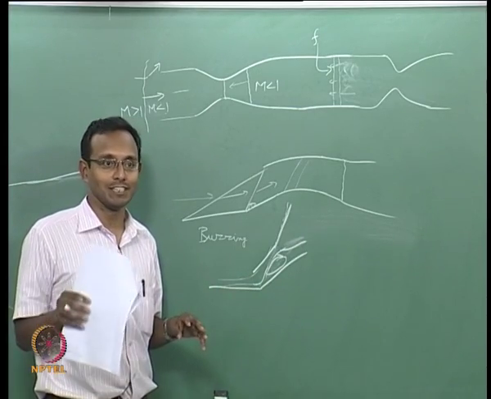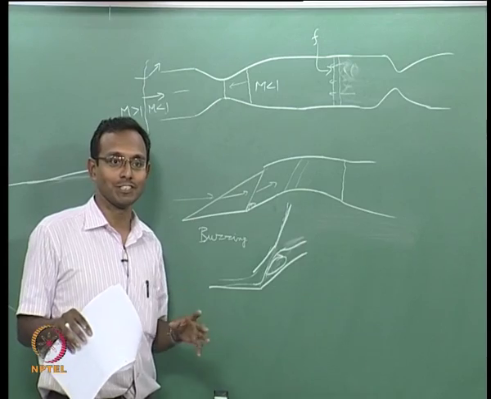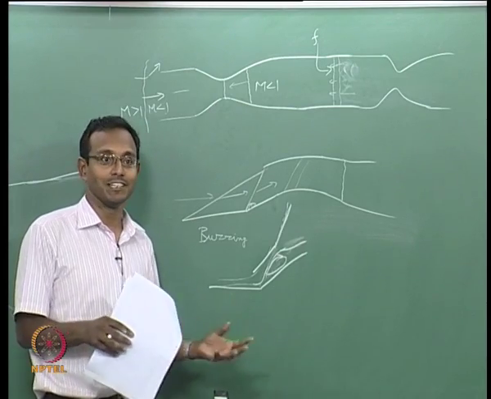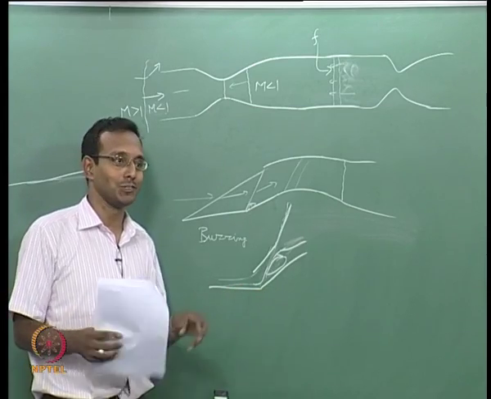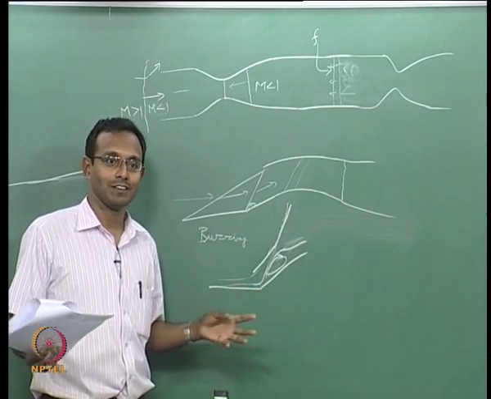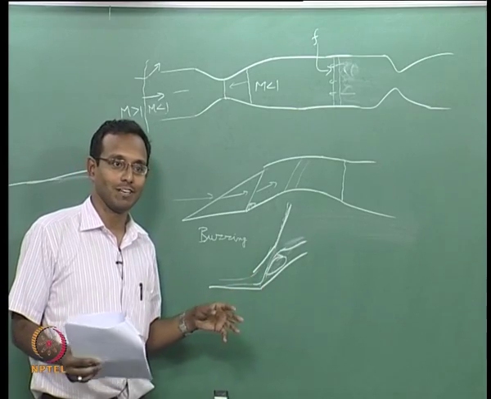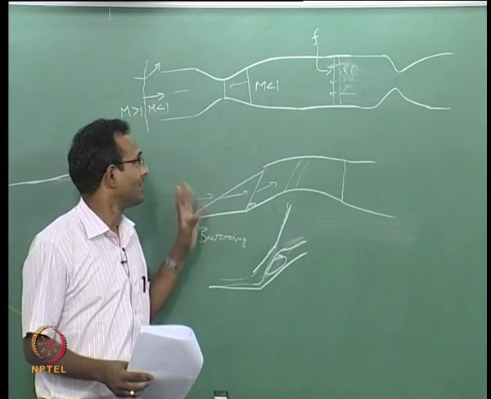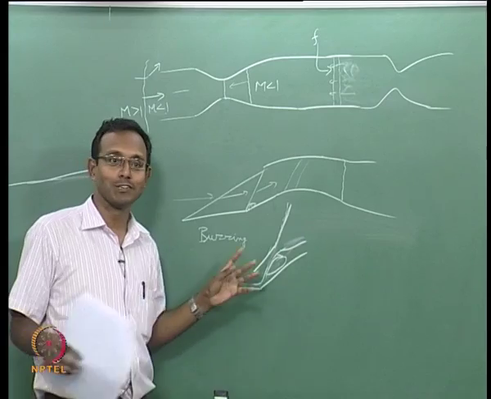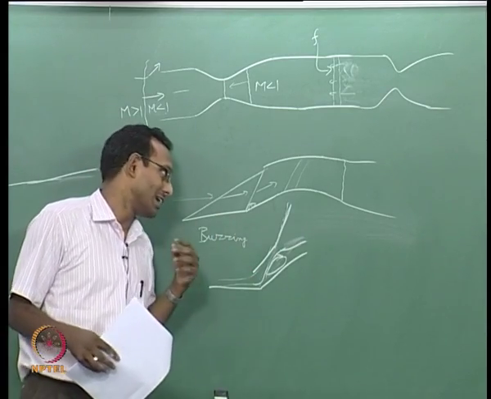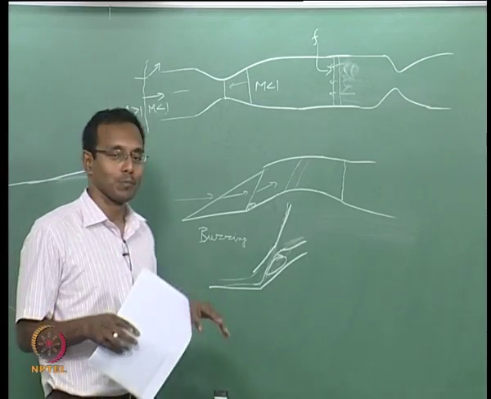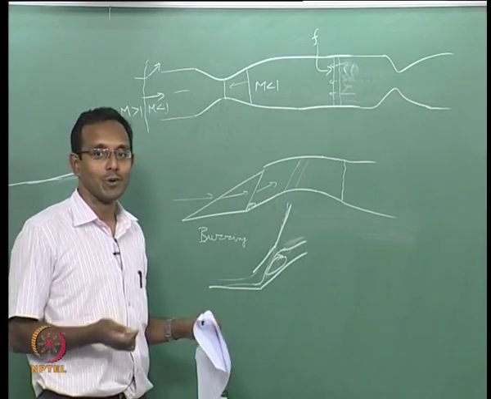We dealt with only things one at a time. We said when there is friction there is no heat addition, when there is heat addition there is no friction, there is no area change ever, and when there is area change there is no friction, no heat addition. That is the way we dealt with it, one at a time. But in real life applications it is all mixed up, everything happens at the same time. That is a little more than this course scope, so we will not go into that.